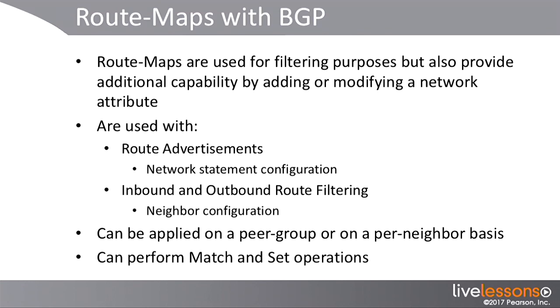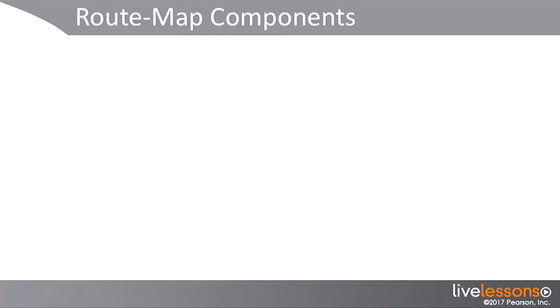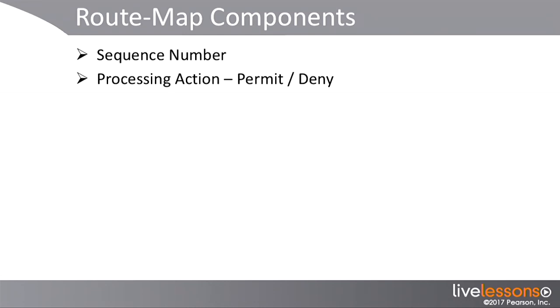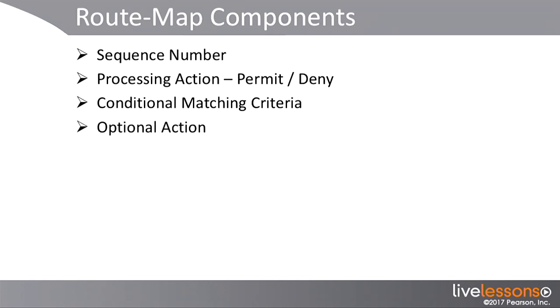Let's now see how the route map actually functions in Cisco IOS. The route map has 4 major components: sequence number, processing, where you have the action of permit or deny, conditional matching, and optional action. It's not mandatory that you set an action or perform a set operation on a particular match criteria.